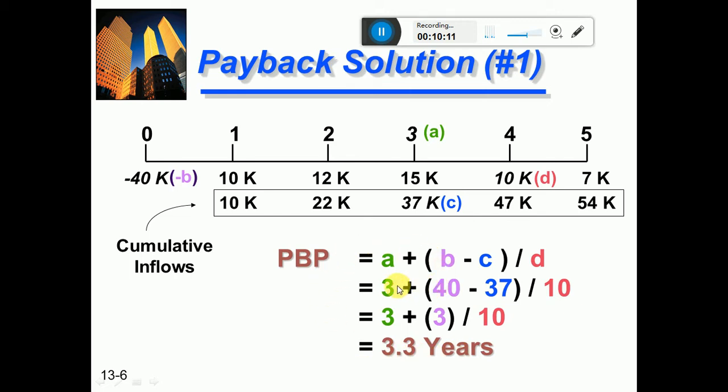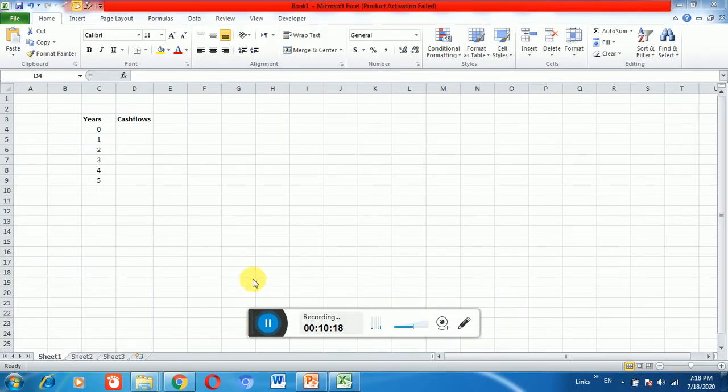Now I'm showing you simply in Excel. Look here, dear students, you have to make two columns. In the first column we have years, starting from 0, where 0 means now, and then after 1 year, 2 years, 3 years.